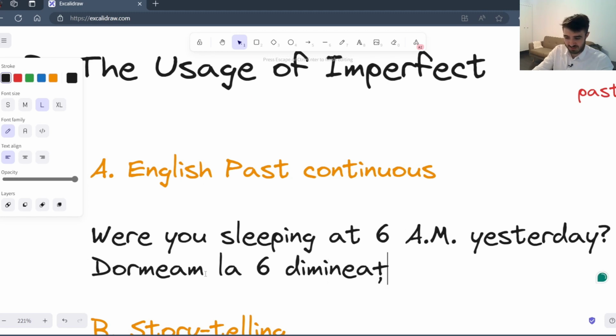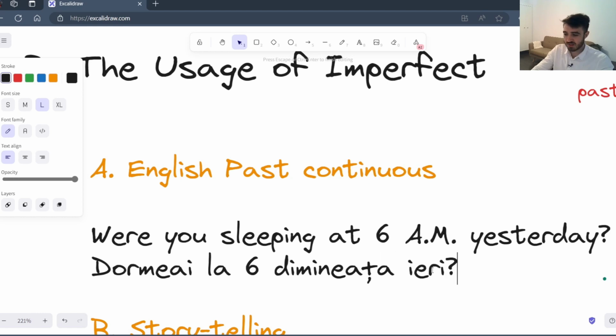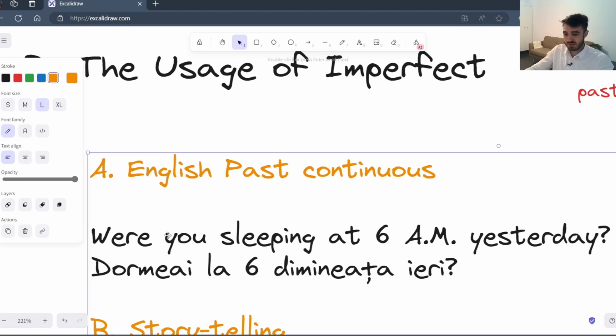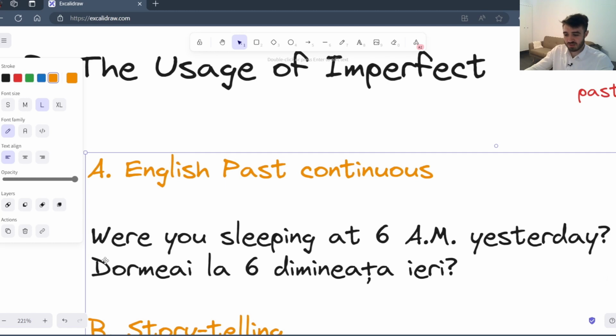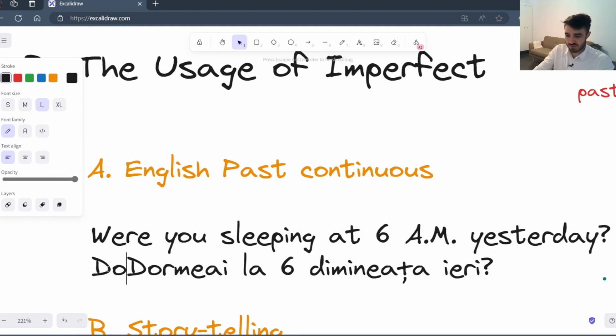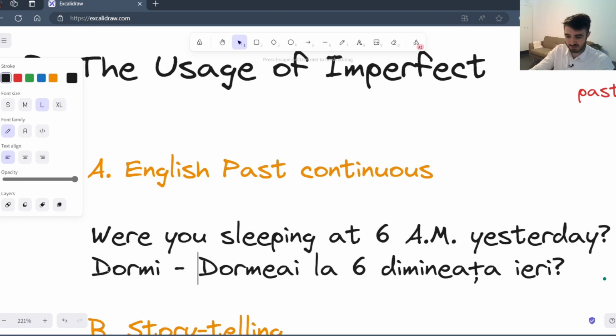Dormeai, right? Dormeai la 6 dimineața ieri. Dormeai, yeah, the verb in infinitive is, let's try to do this, right? A dormi. It ends in I, it doesn't end in UI, just in I, so that's why it goes with this conjugation with EAI, dormeai.